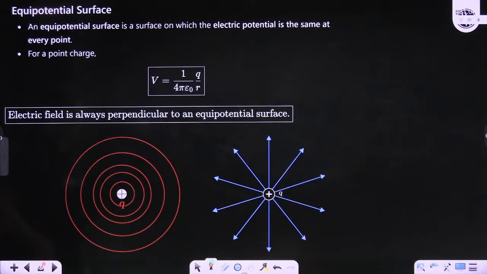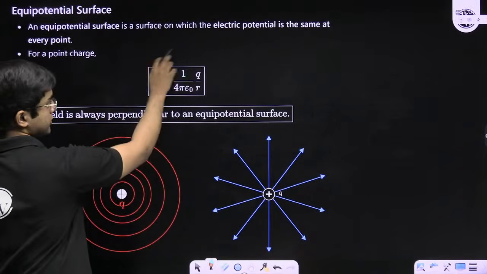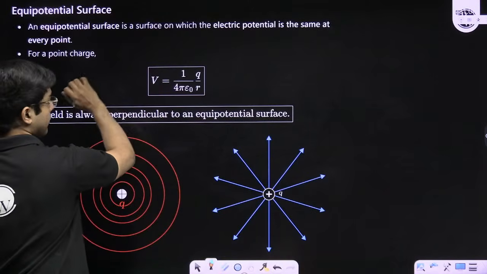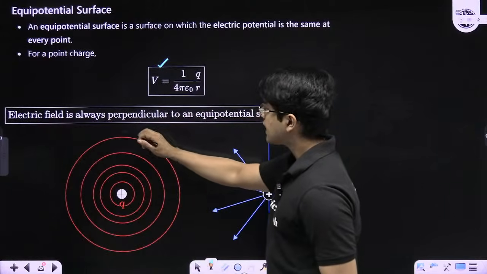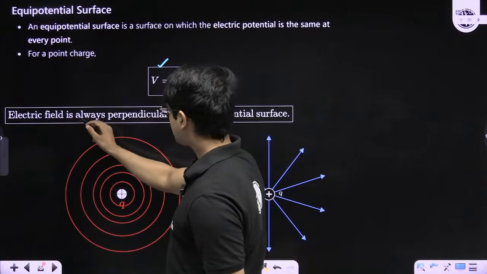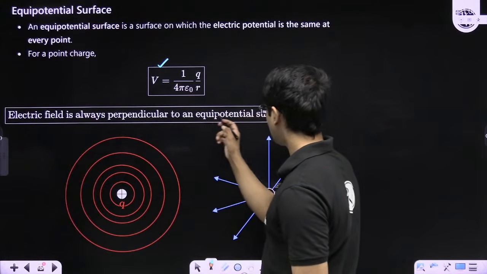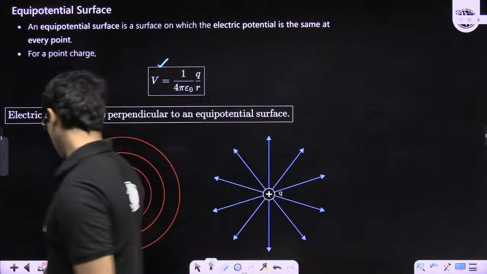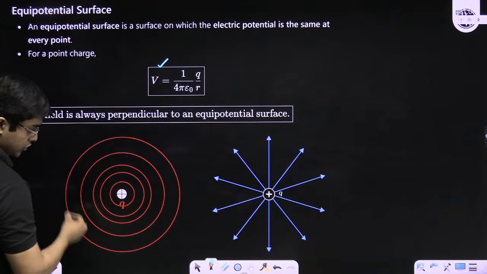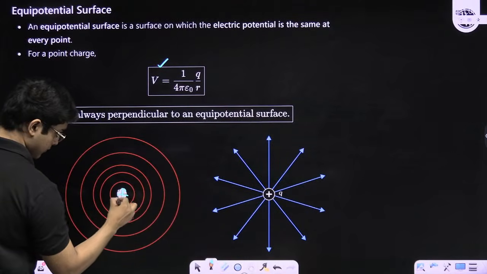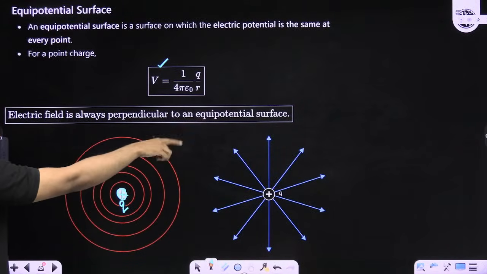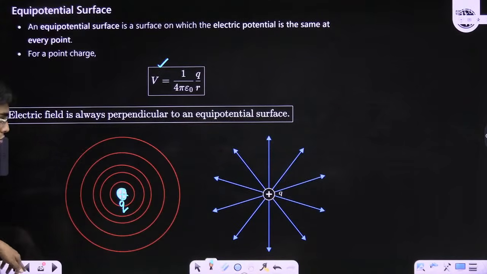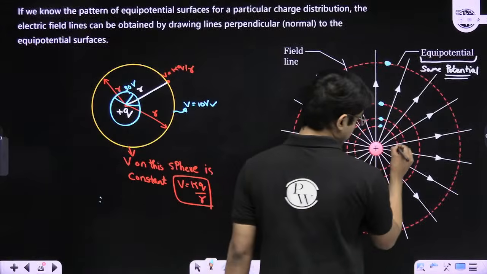Then there is also another fact. So this is the main definition of the equipotential surface. For a point charge, we already covered it. This is also very important. Electric field lines, if you draw them, will always be perpendicular to an equipotential surface. So this is the equipotential surface for the plus q charge. These are going to be spheres, and that is the field line for a plus q charge. And as you can see, they are going to be perpendicular to each other.